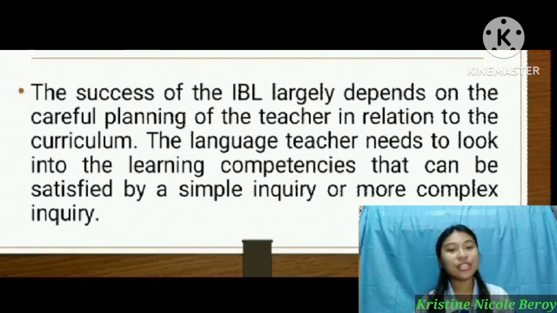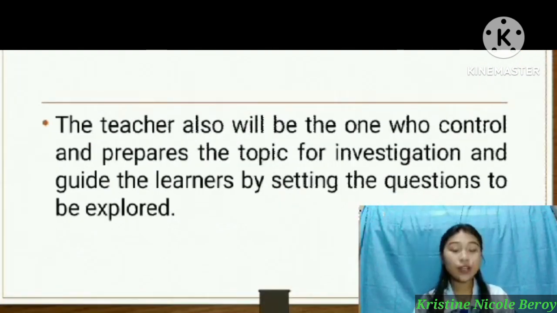The language teacher needs to look into the learning competencies that can be satisfied by a simple inquiry or more complex inquiry. The teacher also will be the one who controls and prepares the topic for investigation and guides the learners by setting the questions to be explored.